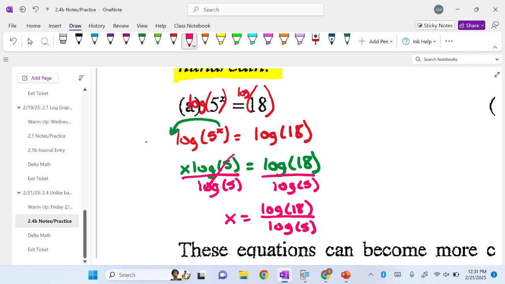Now, if I asked you for an exact answer, this is where you would stop. So this answer right here is the exact answer for x. That means we haven't put it in our calculator. There's no rounding involved. That's what our answer would be. However, I want an approximate answer. So if you ever give me an approximate answer or a rounded answer, you have to write the squiggle equal sign.